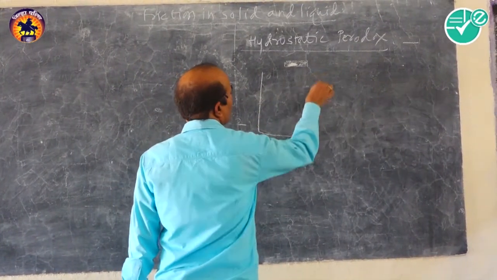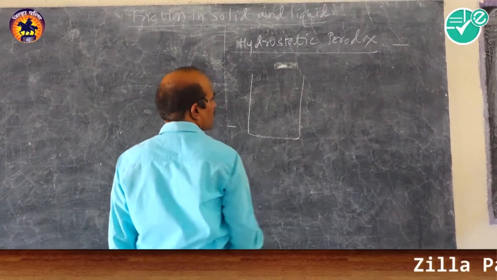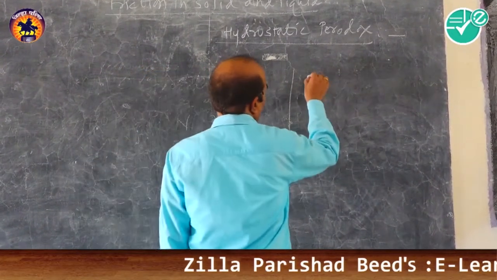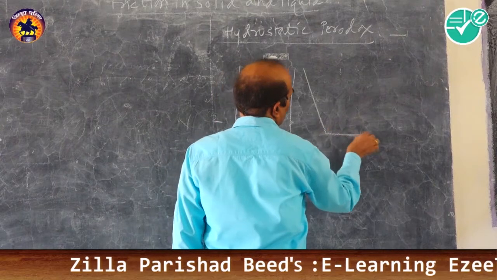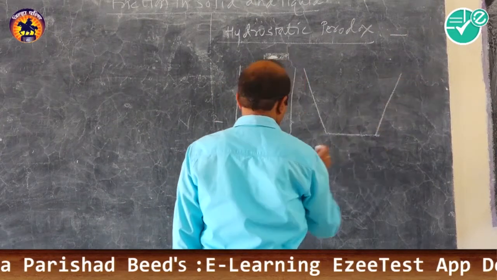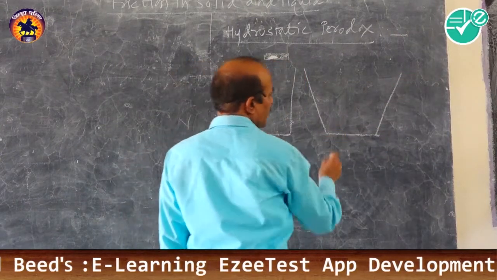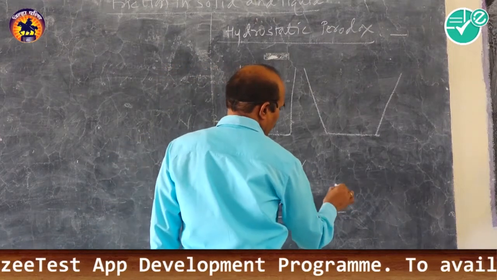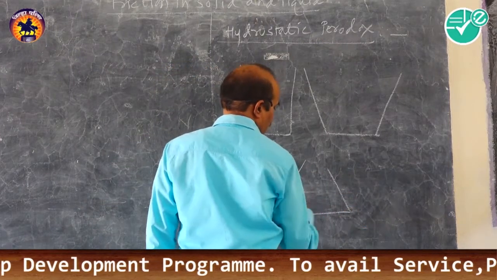The first vessel is like this. This is the first vessel. Suppose that this is vessel A. Now this is the second vessel, and the third vessel I can draw in here. This is the third vessel.